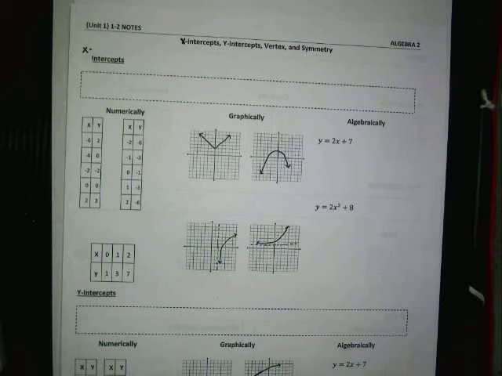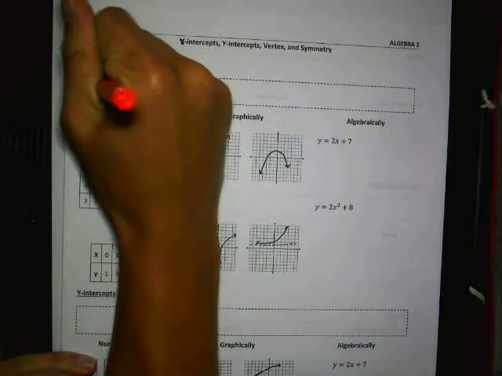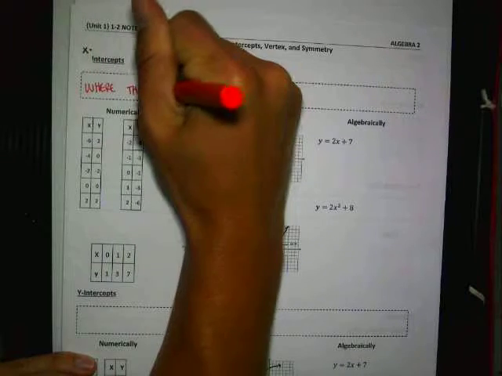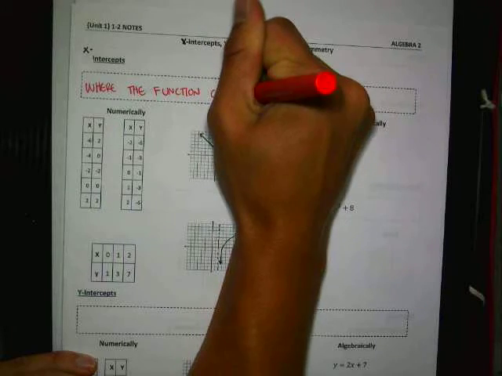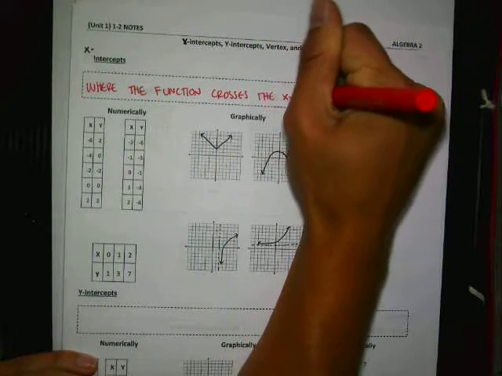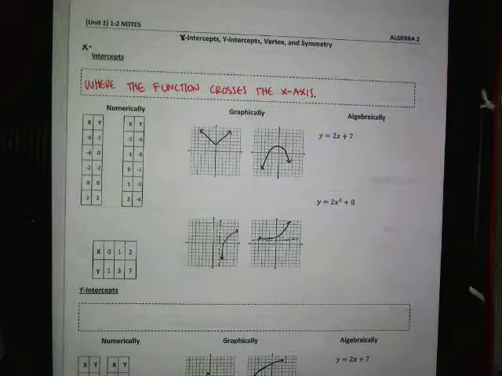Okay, so x-intercepts are where the function crosses the x-axis, which you probably already knew prior to coming to this class.